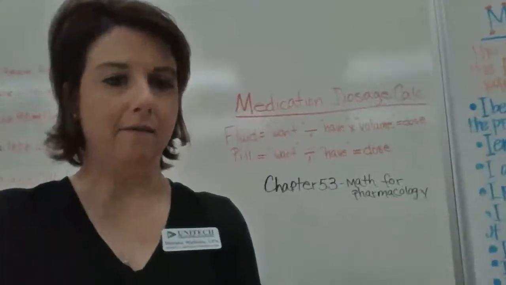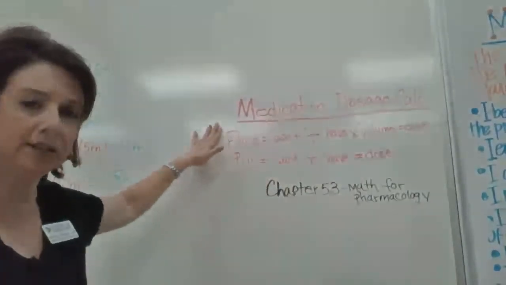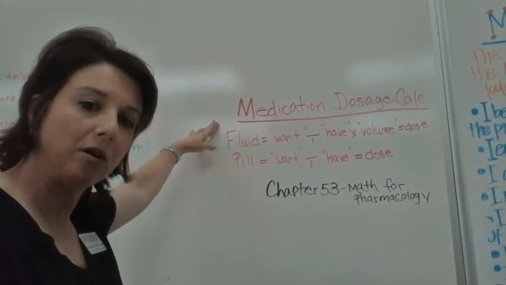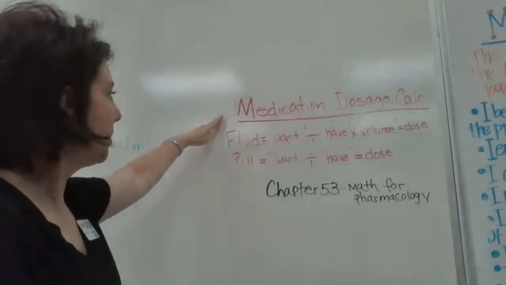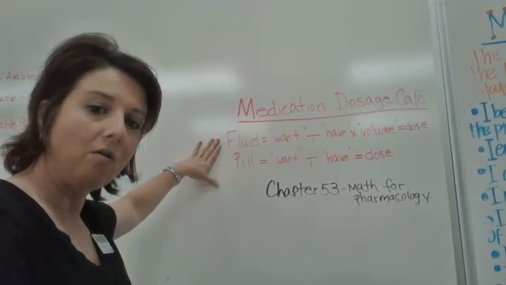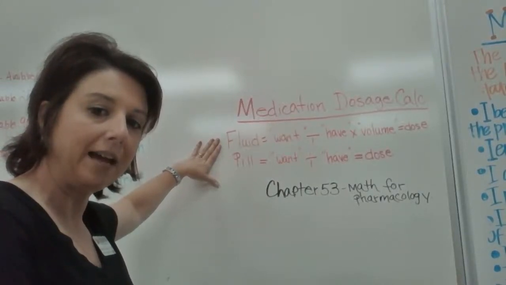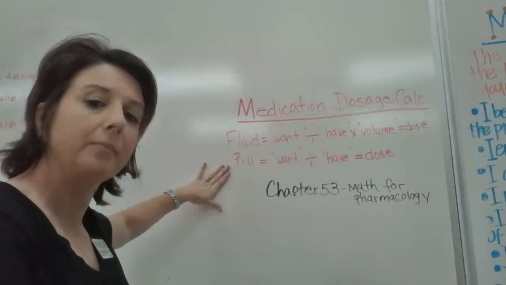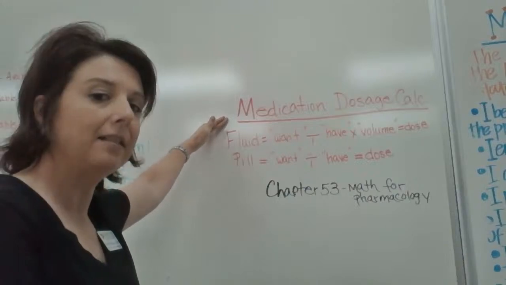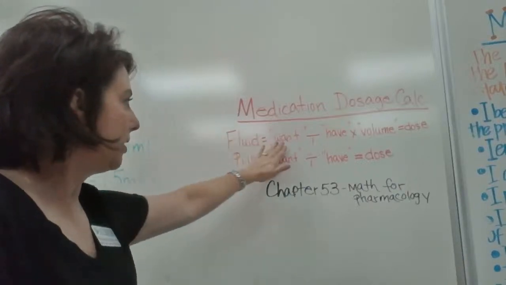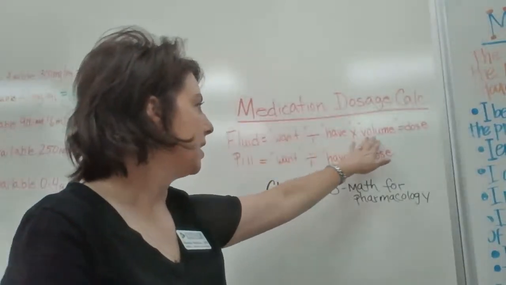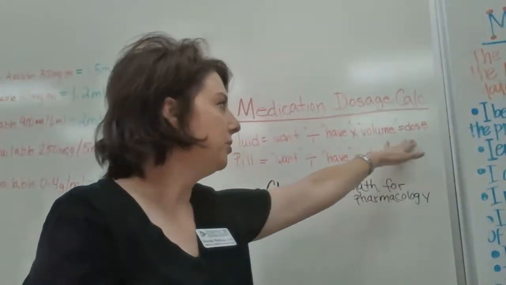If you have not had this written down, this is your medication dosage calculation formula that you will always use. You have your fluid formula if you're calculating an injection or a suspension, and then you have your pill formula. You have what you want divided by what you have, times your volume, equals your dose.